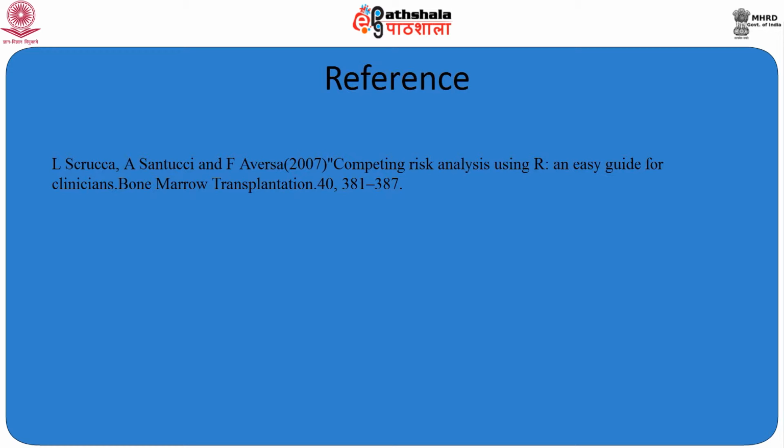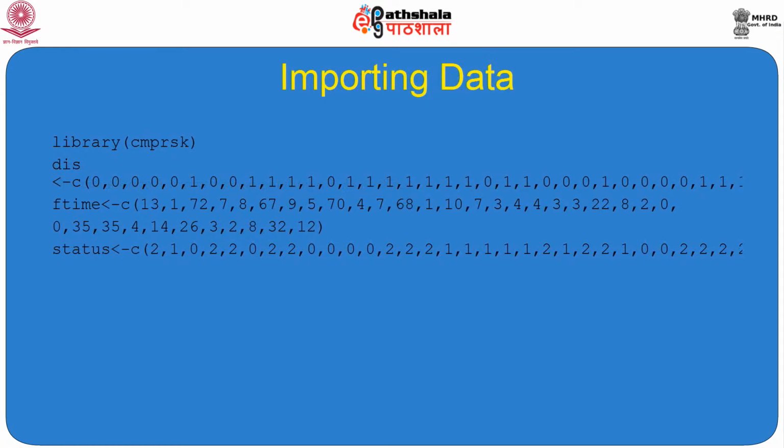It's an open source article, and you may go through this article for detailed exploration and elaboration. In this presentation we are using one function called cumulative incidence, taken from the author's website, to run the competing risks.